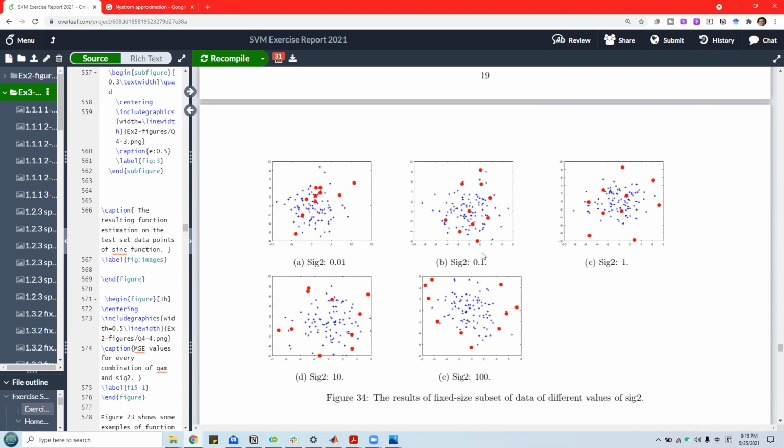So they won't be able to replicate the detail within the data, but they will be able to get the general shape.